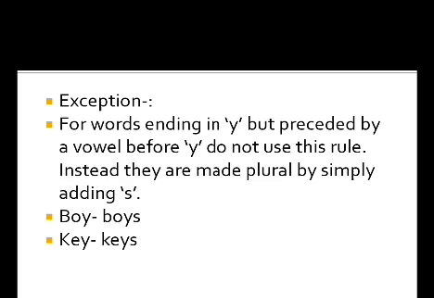In the spelling of boy, the last letter is y. Still, we are not going to use the rule of adding ies. Instead, we are going to add s because the last letter y is preceded by a vowel and not a consonant. The rule of adding ies is only used when y is preceded by a consonant.